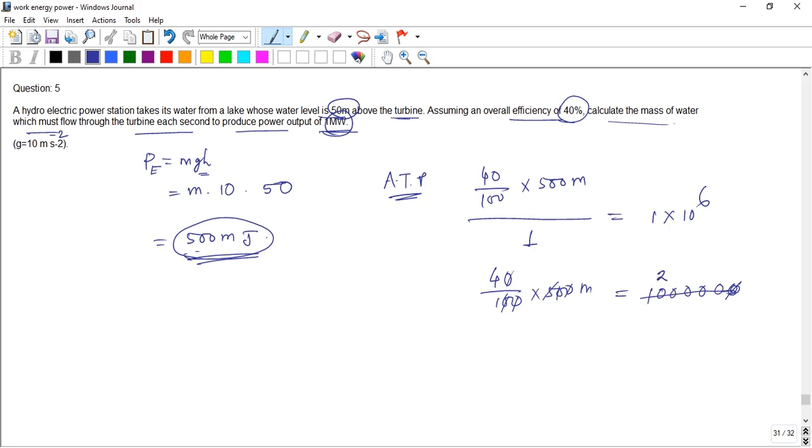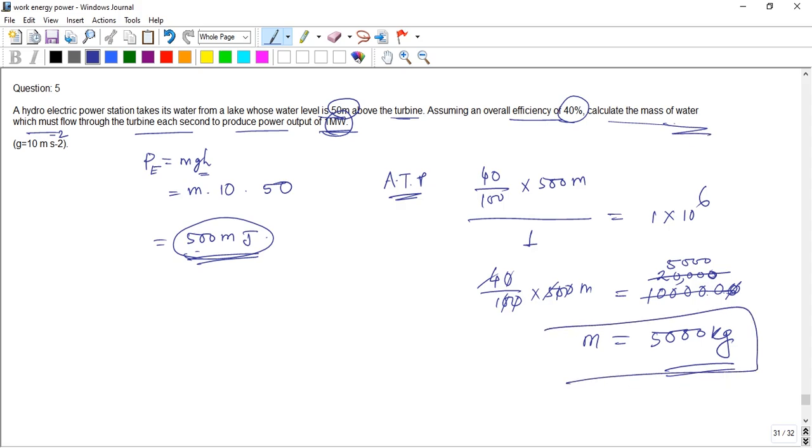So 5 to the 10, 20,000, and here 4 5s are 20. So m equals 5,000 kg. Okay, so the mass of the water is 5,000 kg.